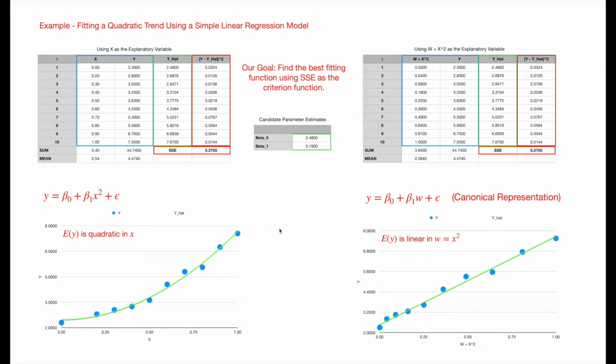And when we do that, the sum of squares error for that curve is identical to the sum of squares error that we would get if we were to use, instead of x as the explanatory variable, x squared as the explanatory variable.